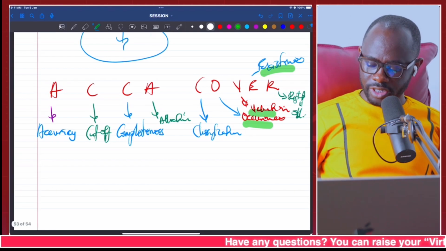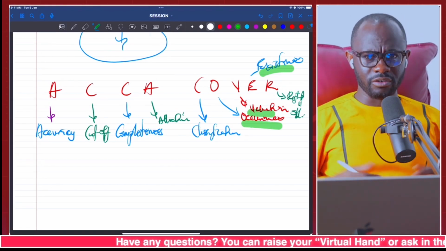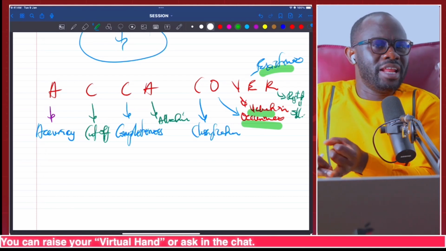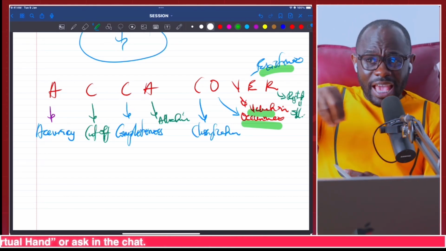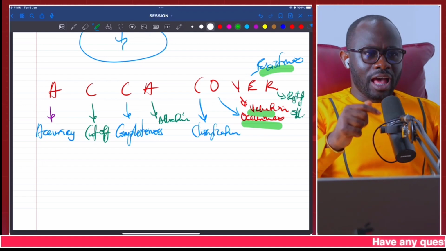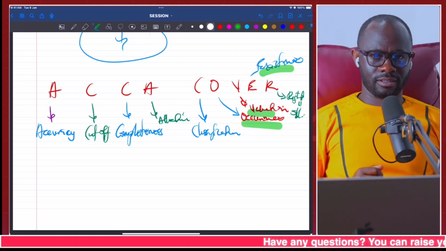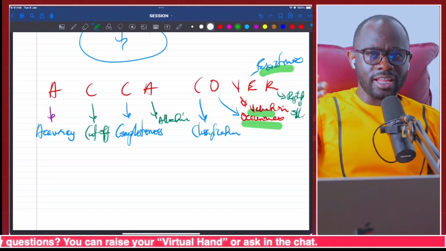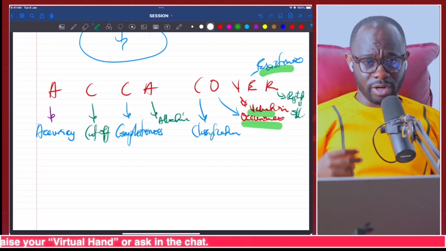Occurrence. Did they really value it? So you want to review the board minutes or the management minutes, whether there was any resolution as to whether we should revalue the assets. That's occurrence. Then whoever they engaged, you want to inquire from the person.